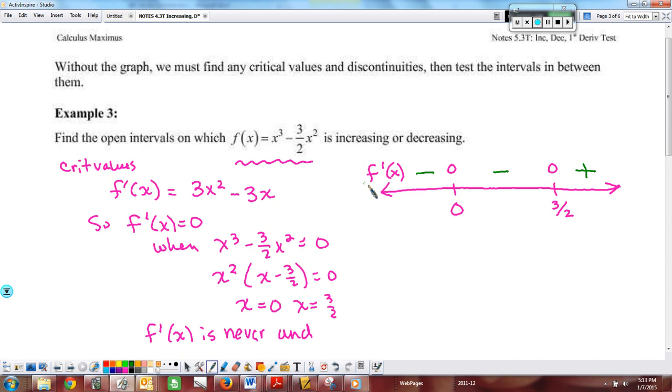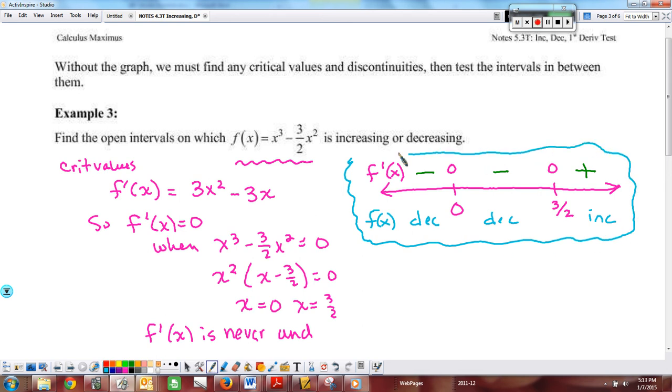So we have a sign chart. Now, I like to put on my sign chart what f of x is doing so that I can read off to myself. f of x is now decreasing, it's decreasing again, and then it's increasing. Now, a comment about sign charts.